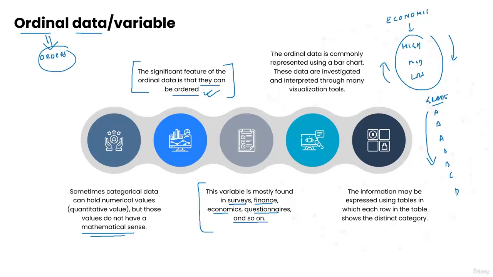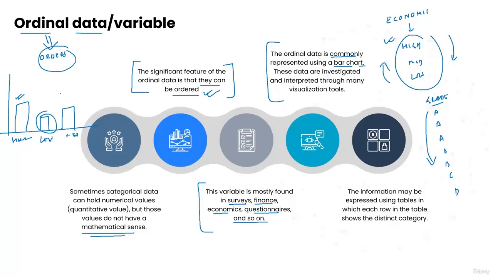How do we represent it visually? Ordinal data is commonly represented using a bar chart. These data are investigated and interpreted through many visualization tools. Let's say you start plotting the graphs for economic status, high, low, and medium, right? So these kinds of graphs can give you insights that the majority of the people are falling in this category.